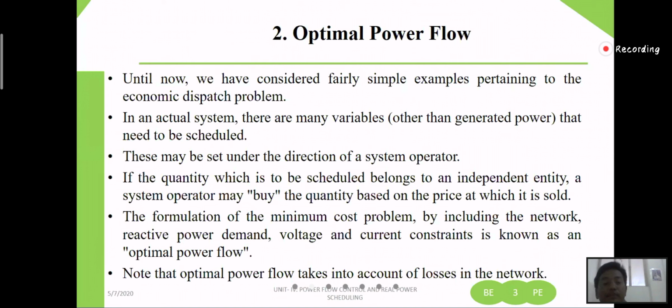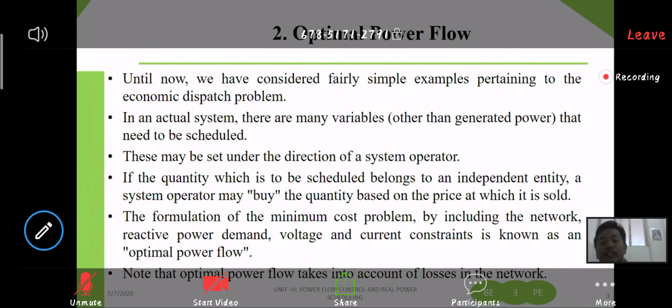In the earlier example, we just scheduled the real power based on the generated power: P1 is 250, and then the cost, how much cost. Based on that, we saw that P1 should generate 250, P2 should generate 300, and P3 should generate 50. We scheduled like this, right?